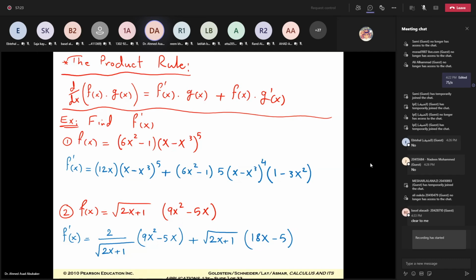Any question? So this is the rule: find the derivative of the first, fix the second, plus fix the first, find the derivative of the second. Okay.